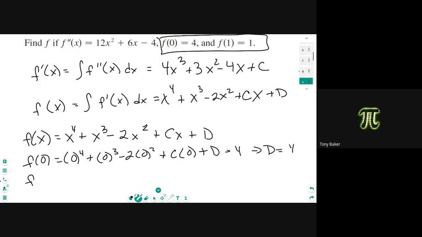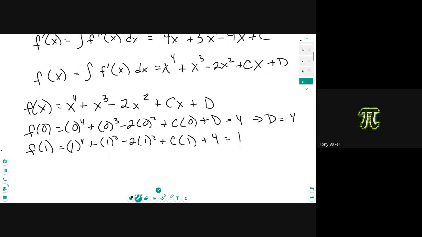And we know that now f of 1, 1 to the 4th plus 1 to the 3rd minus 2 times 1 squared plus c times 1 plus 4 equals 1. So I've got 1 plus 1 minus 2 is 0. So I've got c plus 4 equals 1. So c equals -3.